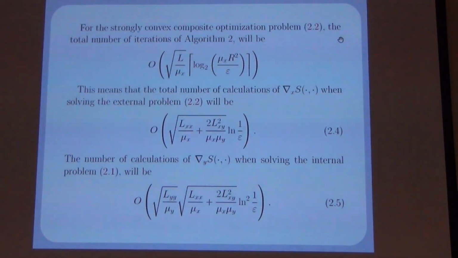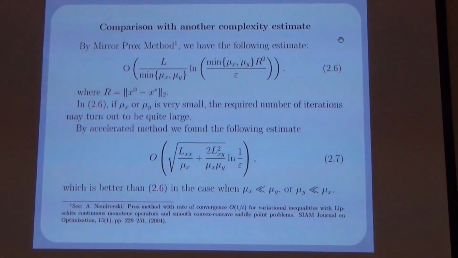In order to compare these complexities with other complexities, we compare with the complexities of the mirror-prox method. This method is very famous and popular for solving convex concave saddle point problems and variational inequality problems.